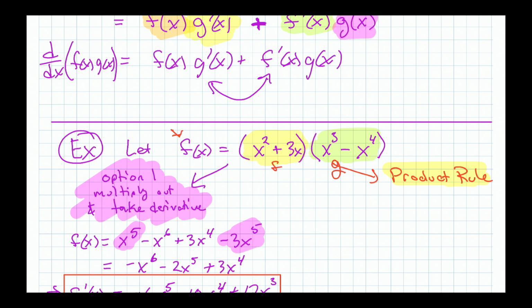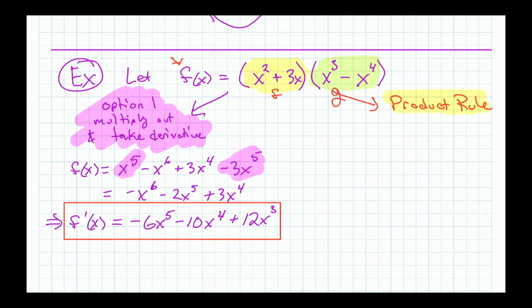I care about what it is, which is two things multiplied. And so I need the product rule. And so I know that the product rule as shorthand says (FG) prime is F prime G plus F G prime. That's the shorthand version of it, okay?